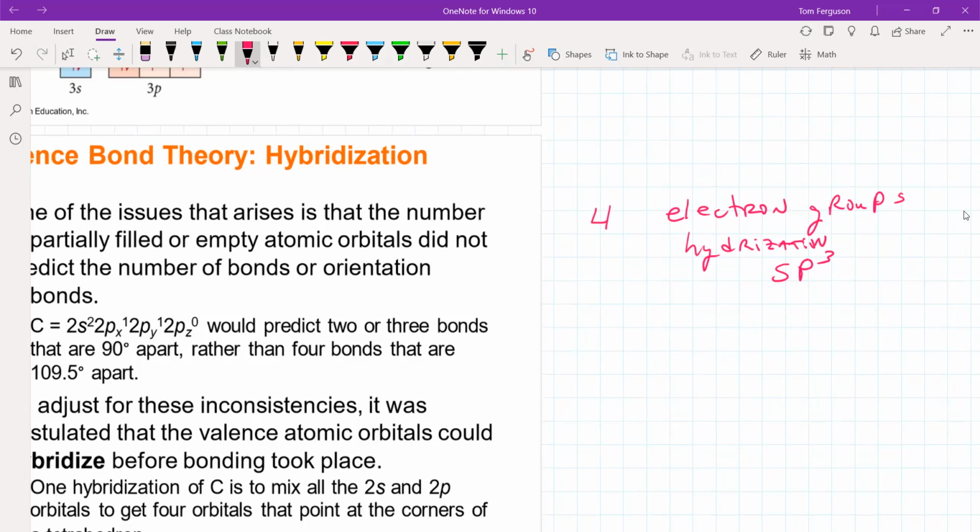Now that's a very common practice within molecules and atoms. If you have 5, it's sp3d, and it involves some of the d shells. When you have 6, it's sp3d2.